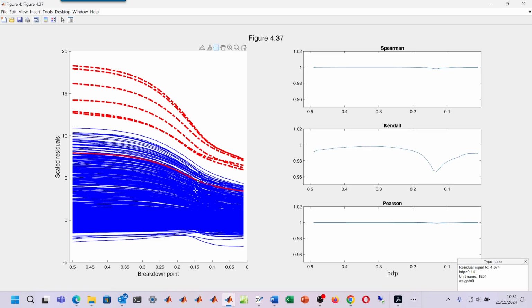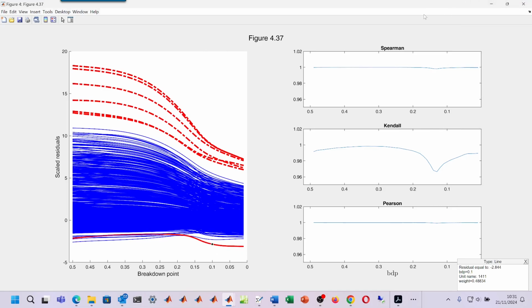That is around here. You can see that there are a lot of trajectories that have large positive values, then they all tend to decrease. Vice versa, there are trajectories which have a residual that increases.